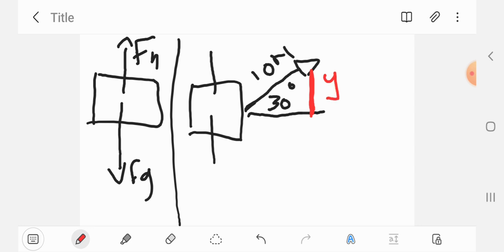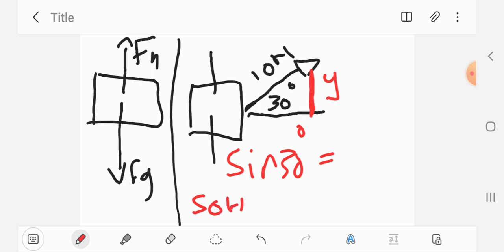Which is y. And then we're going to write sine of the angle of 30 equals to, when you remember, sine is opposite over hypotenuse.